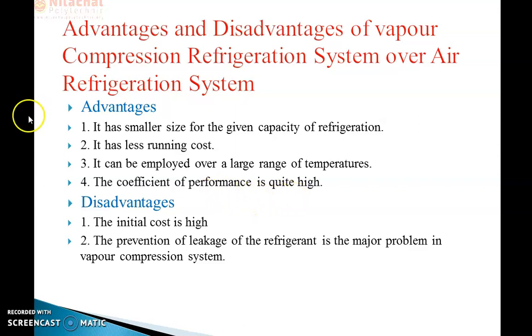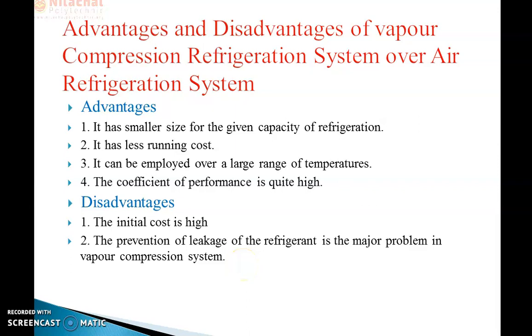So what are the disadvantages? Here the initial cost is high. Second, prevention of refrigerant leakage is the major problem in the vapor compression refrigeration system. All of you know that ammonia is a flammable gas and it is harmful to human beings if inhaled. So if by accident the refrigerant leaks to the surroundings, it will affect human beings.